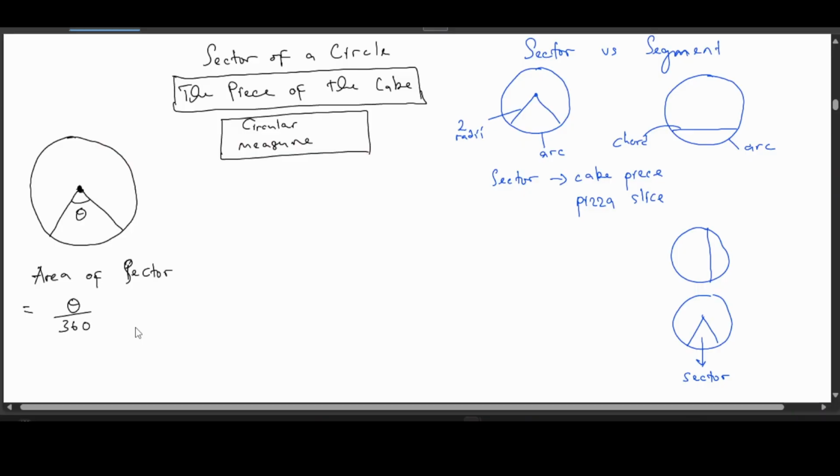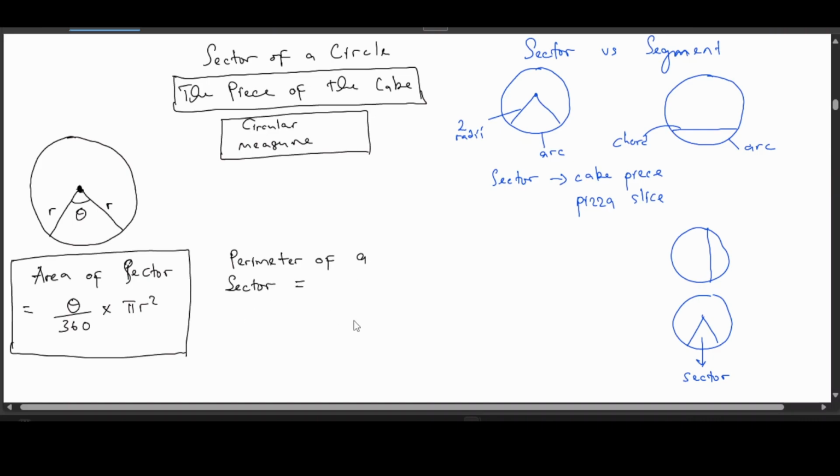The piece is just the theta you are given over 360. Intuitively, it should make sense. Then you multiply that piece times the area of the whole circle, pi r squared. This is the area of a sector. That's it, and it should make intuitive sense. You should know that this is a radius. This is also a radius. Very important. What about the perimeter of a sector?